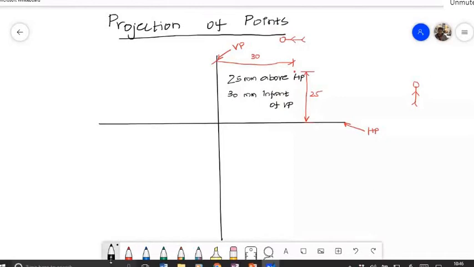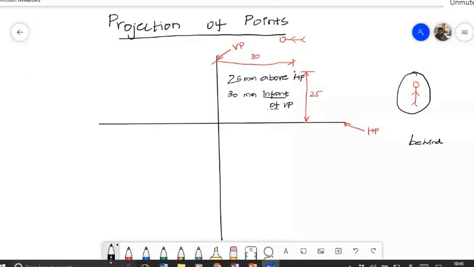Sir, instead of in front, can we use the right hand side? No, your position is here. You have the vertical plane in front of you. So the point is in front of the vertical plane or behind the vertical plane. That's how you can explain that: in front or behind. Is it clear? Okay, sir.